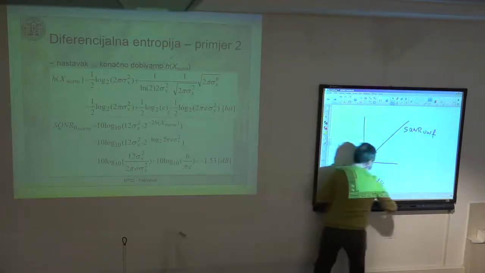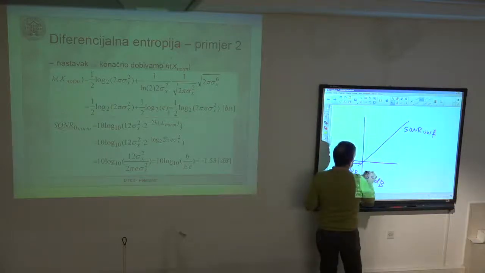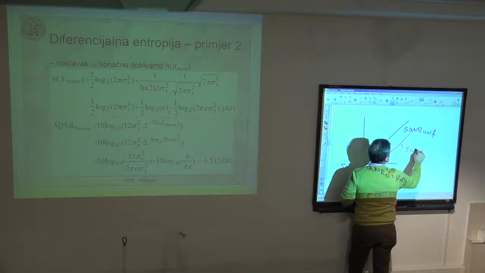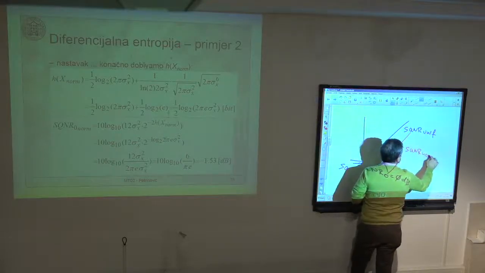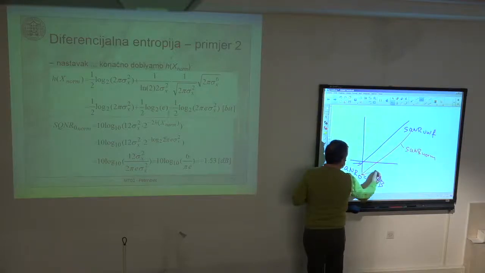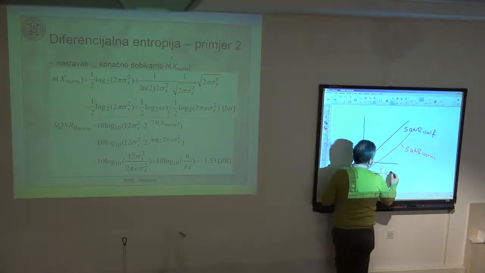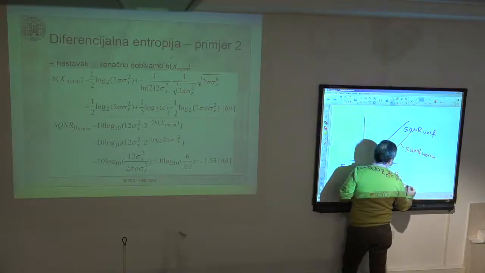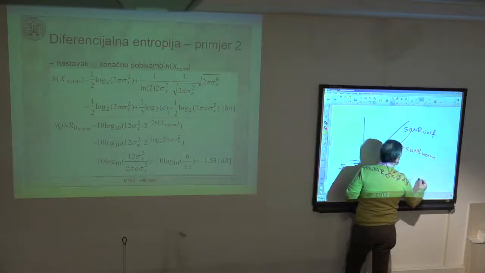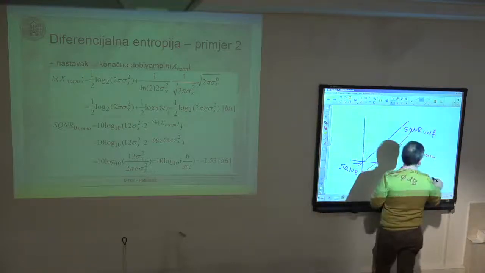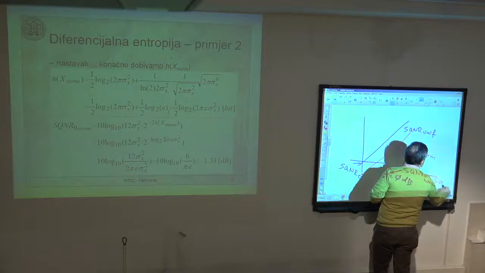On the other hand, the normal distribution has the same slope as S2R normal, but it has a negative offset. So this offset, S2R0 for normal, is minus 1.57 dB. 53, sorry, 1.53 dB.